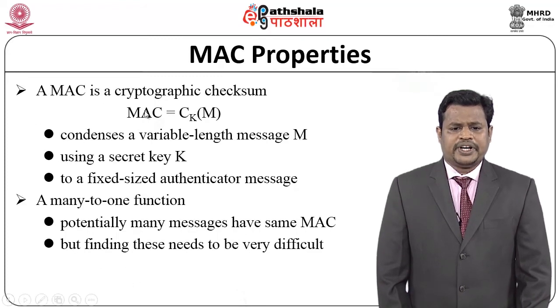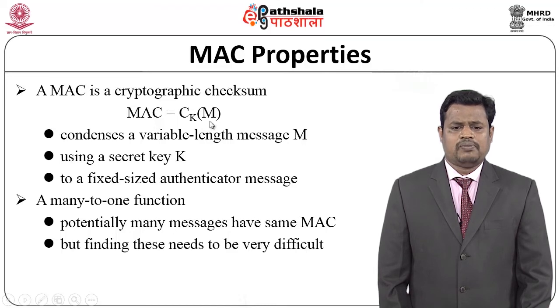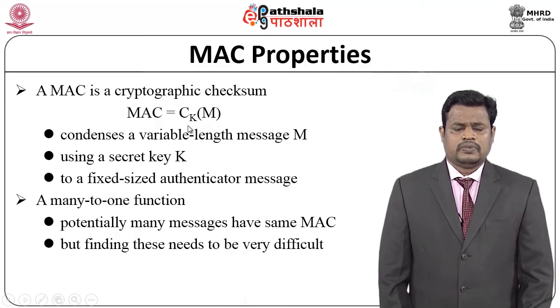So the property of MAC is MAC equals C suffix K of M, where K is the key, M is the message, and C is the algorithm which generates the hash code.